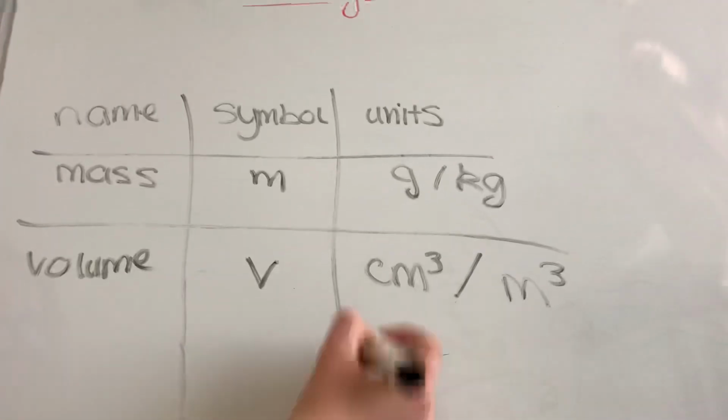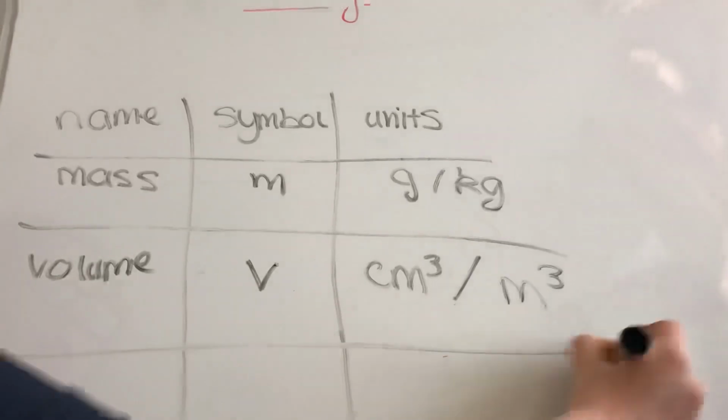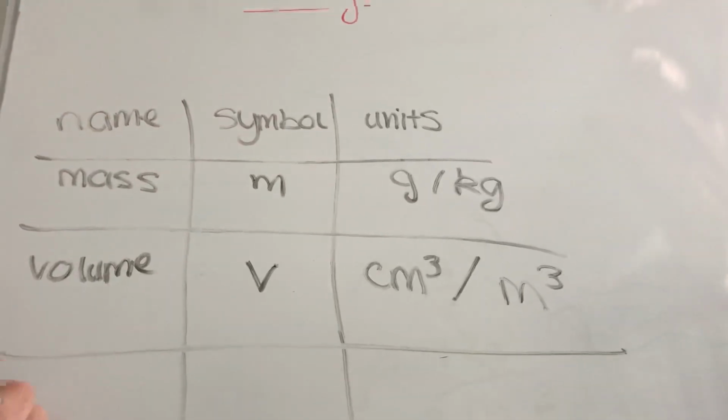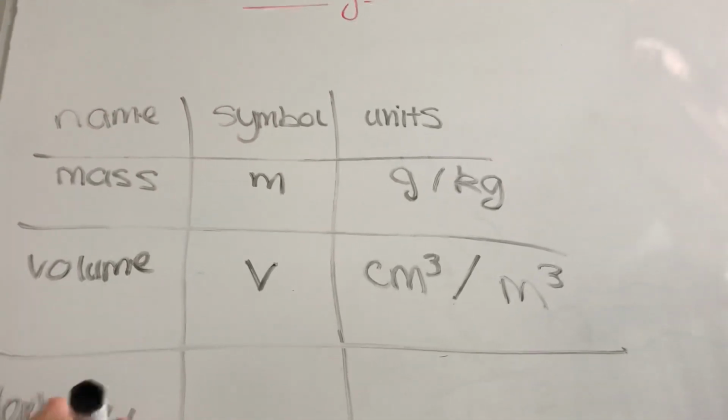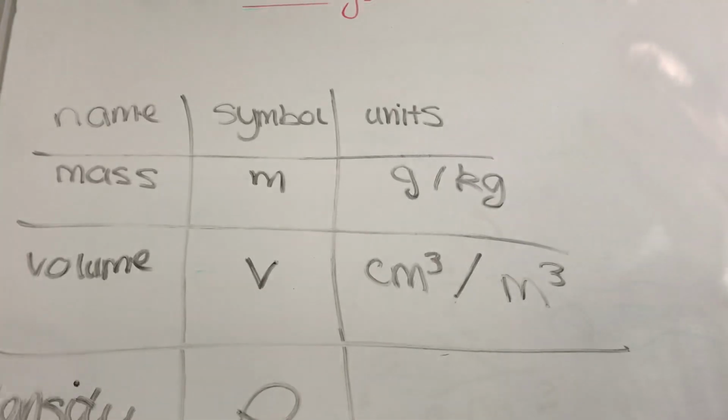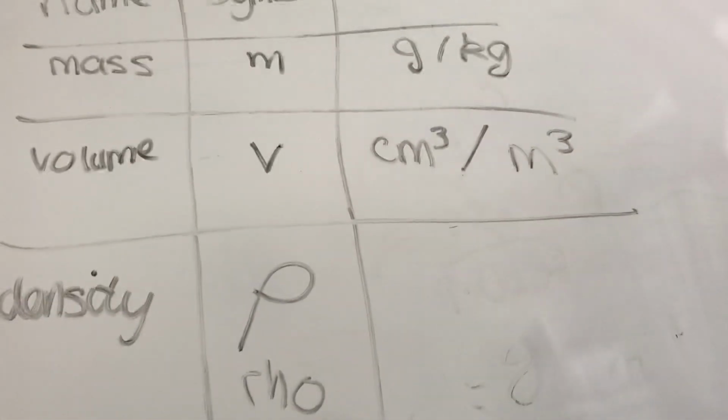So that's the reason I've done that in grams and centimetres. And finally we have the density. So what is the symbol for density? Rho, spelled R-H-O. I'm just going to move that down so you can see that.